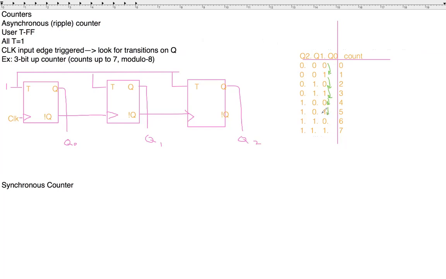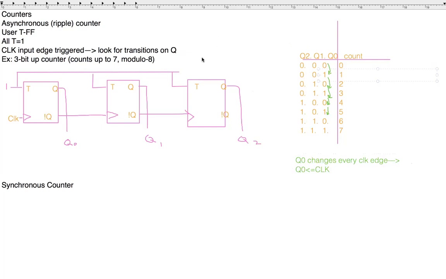So what I'm going to write here is Q0 changes at every clock edge. That's why Q0 is set equal to the clock. Then let's try the next one, Q1.